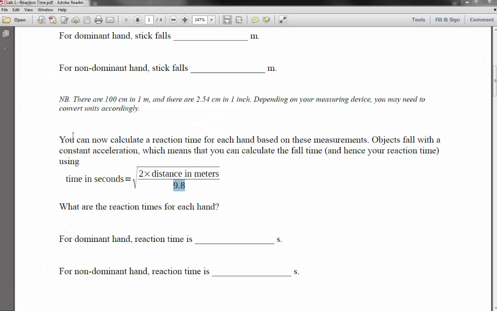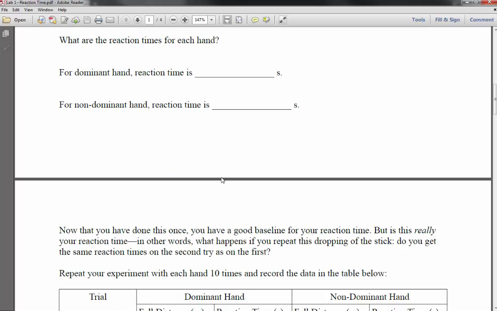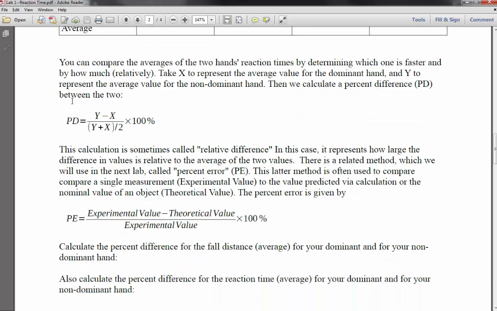What I'm going to do is pull open the lab handout again and scroll down, because it tells us that the percent difference, or PD, between two numbers is given by this equation. It's basically y minus x divided by the average of y and x, times 100%.